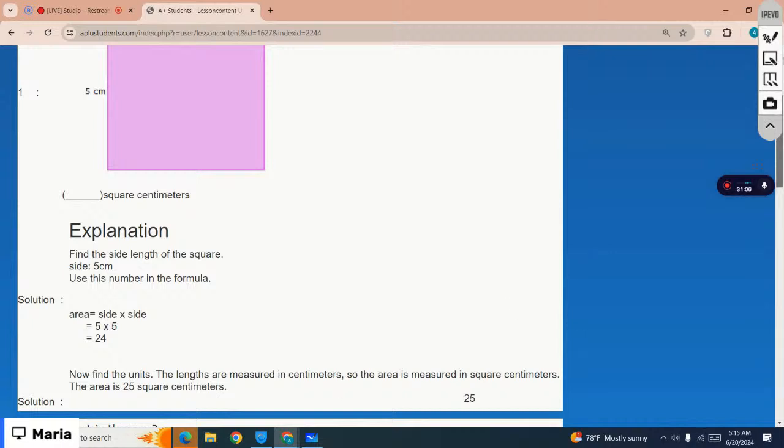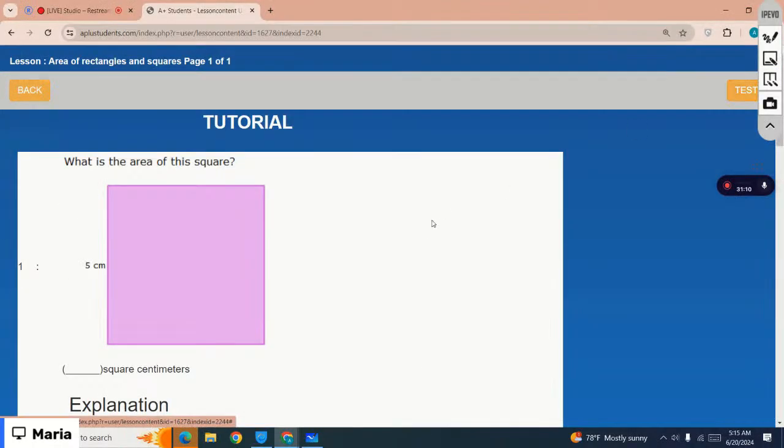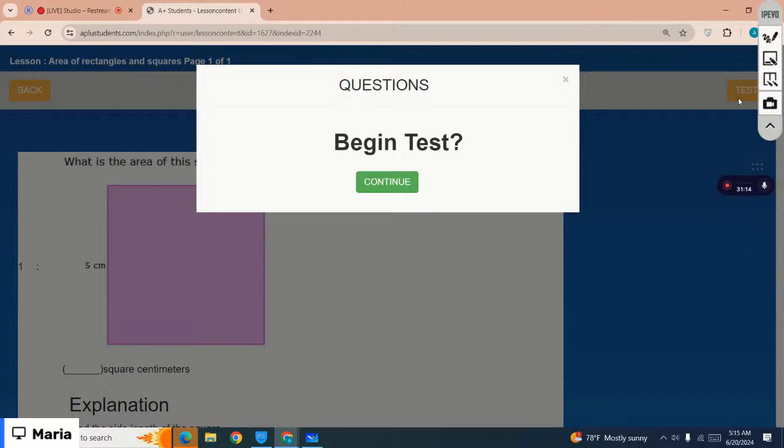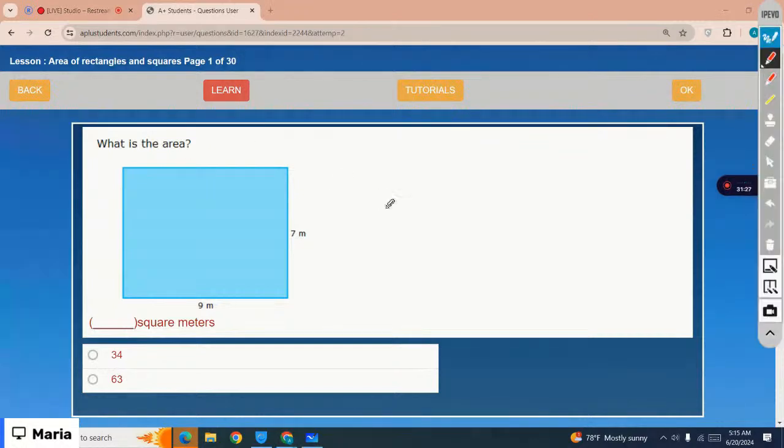Let's just start with the test questions. What is the area? You are given the rectangle, right? The area of a rectangle is length times width.